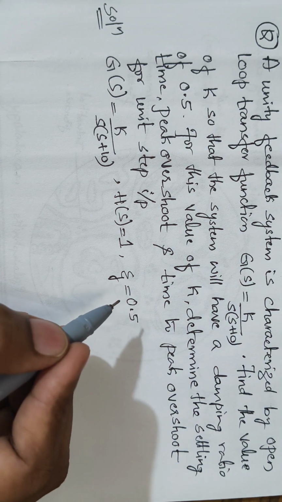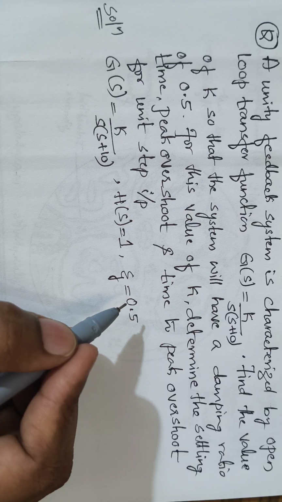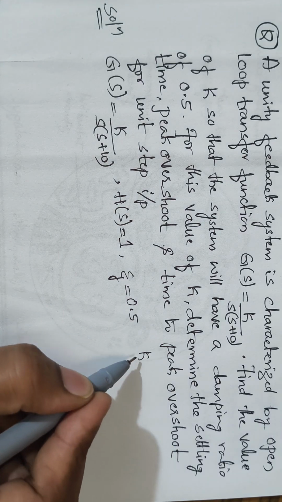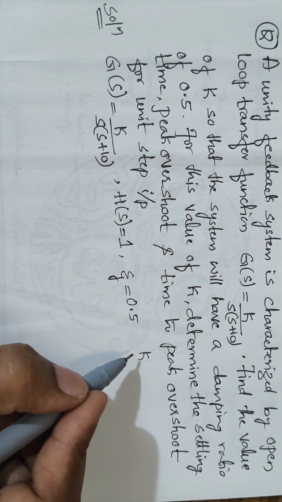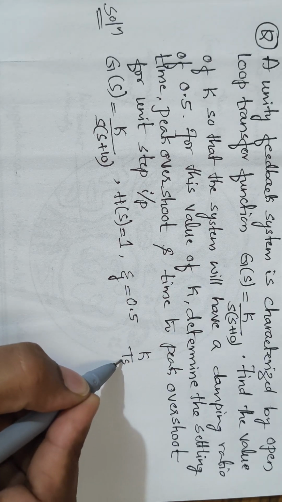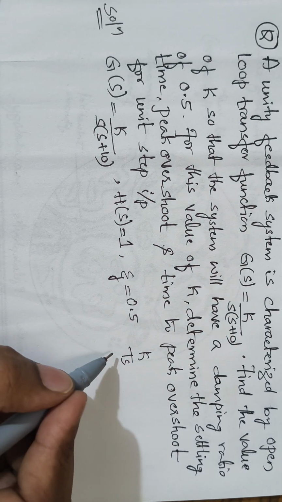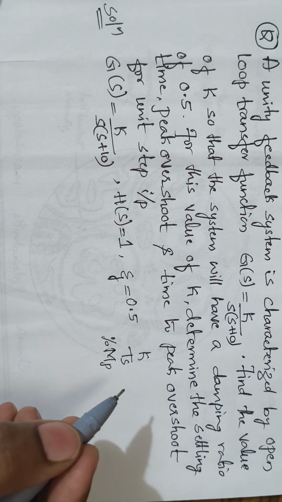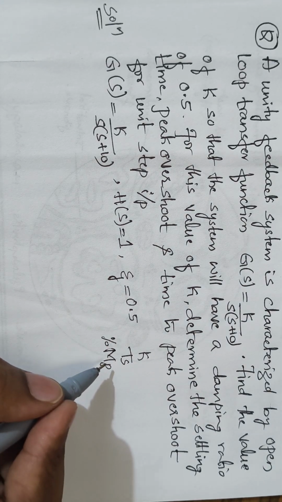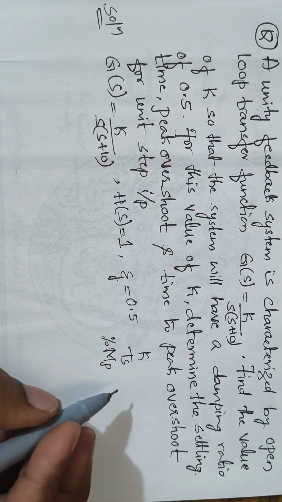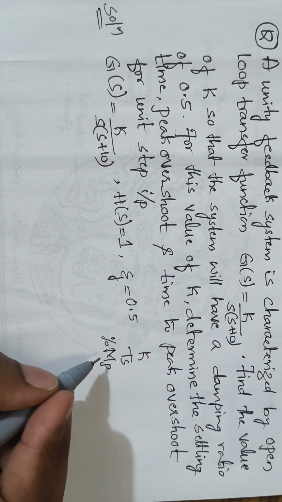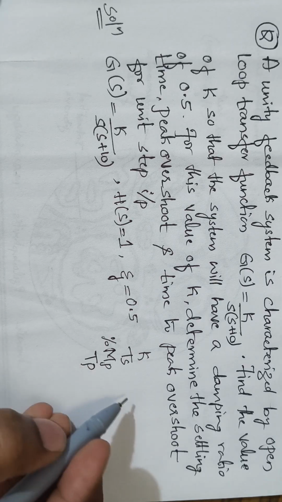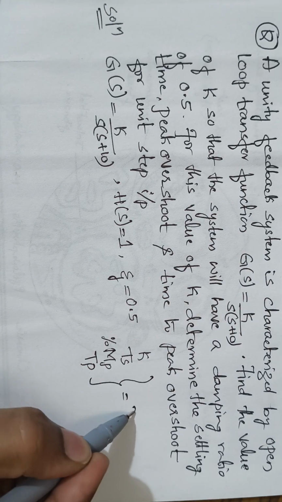What you need to find out is the value of K, then the settling time ts, the peak overshoot, that is percentage Mp, and the time to peak overshoot for unit step, that is TP. These all you need to find out.